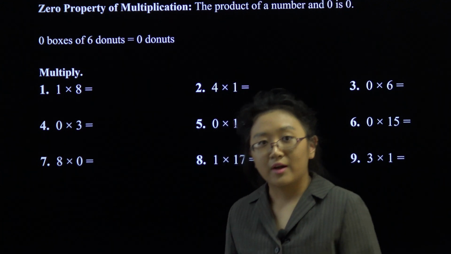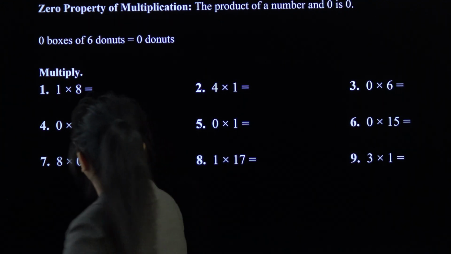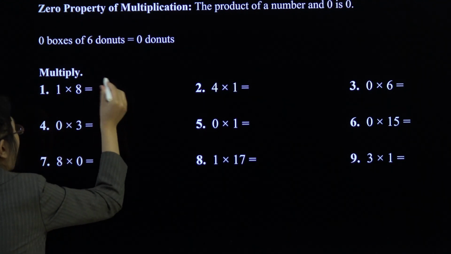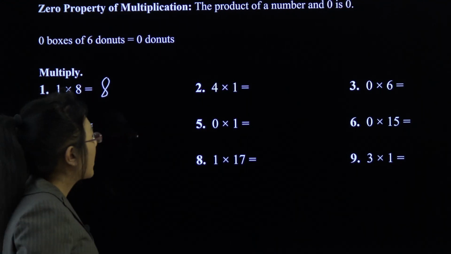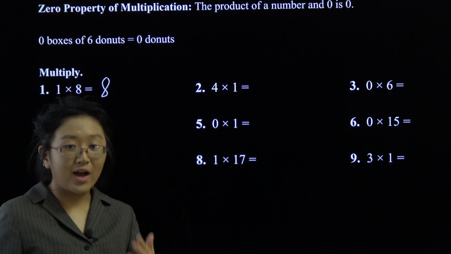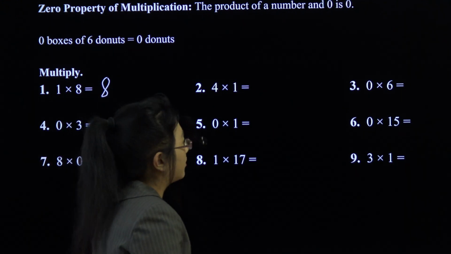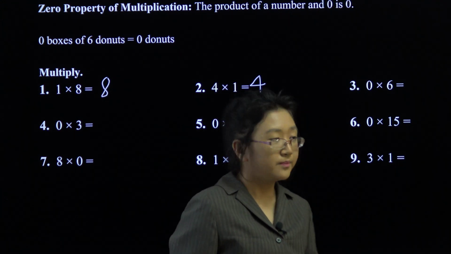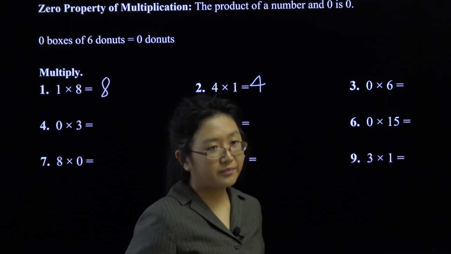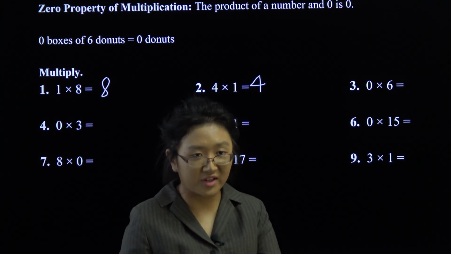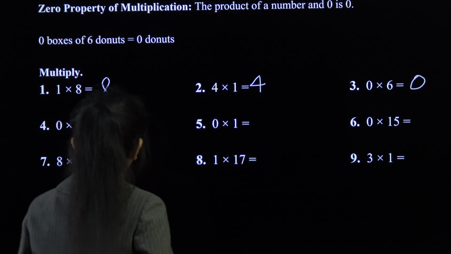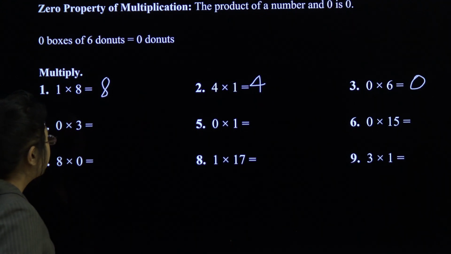1 times 8. The identity property dictates that 1 times anything equals to that thing. So 1 times 8 equals to 8. 4 times 1. Again, identity property. 4 times 1 will equal to 4. 0 times 6. The 0 property. If you have 0 boxes of 6 donuts, it's still 0 donuts. 0 times 3.